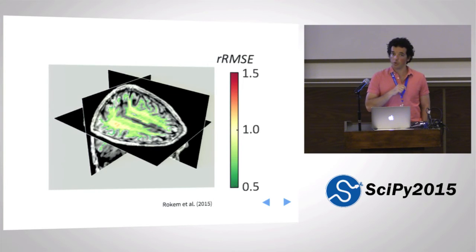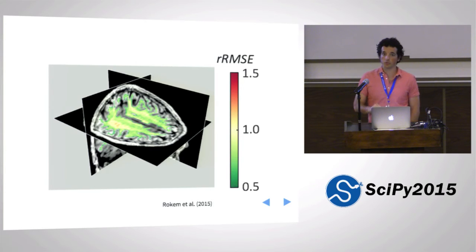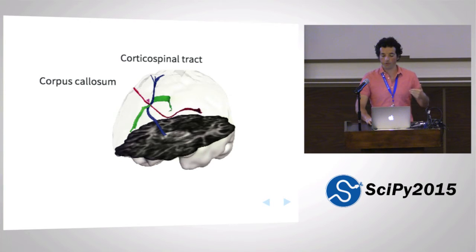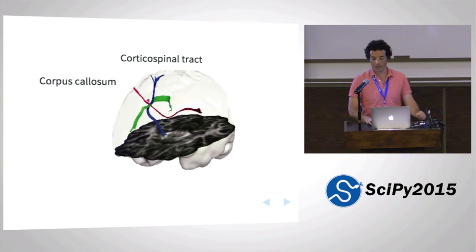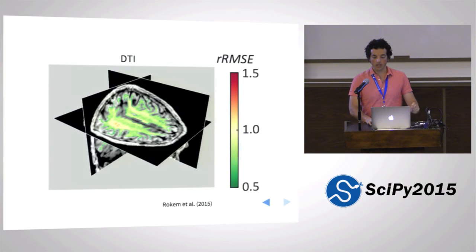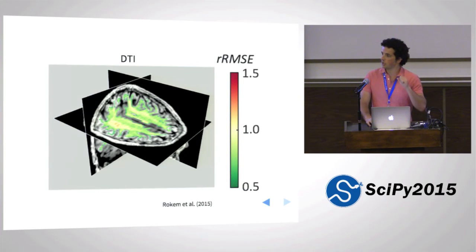But there are particular locations in which relative root mean squared error for this model actually goes above 1. And one particular location like that is a case in which there are crossings of different nerve fibers around the corticospinal tract meeting with the corpus callosum. And we know that the DTI model is a good model for locations in which there's only one big fiber bundle going through.